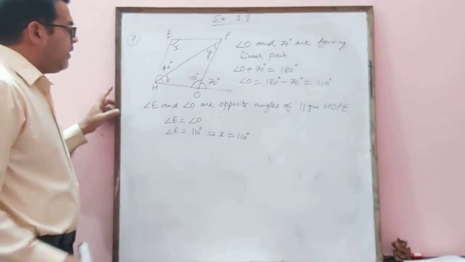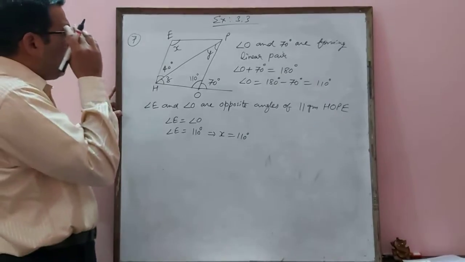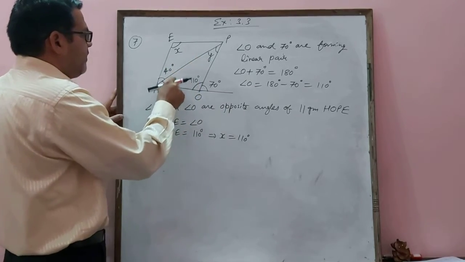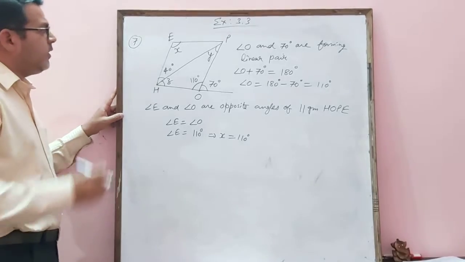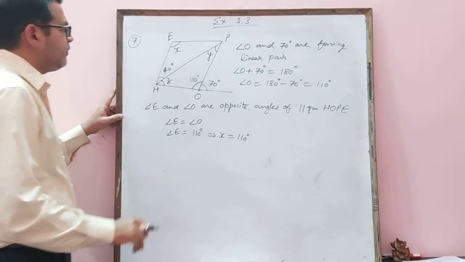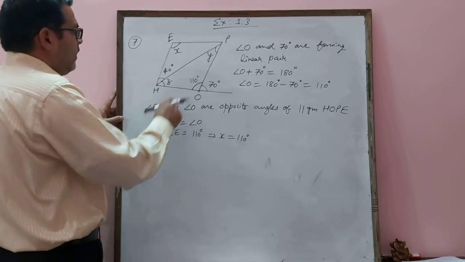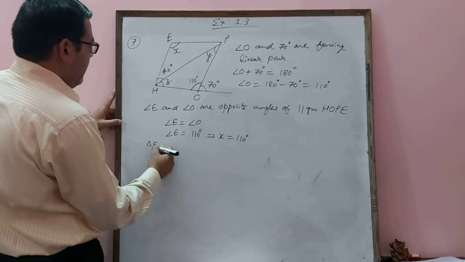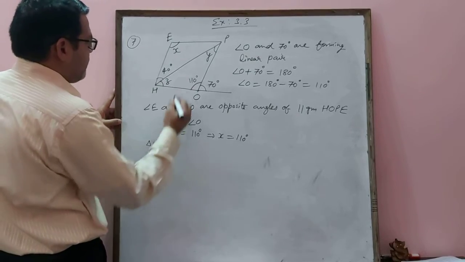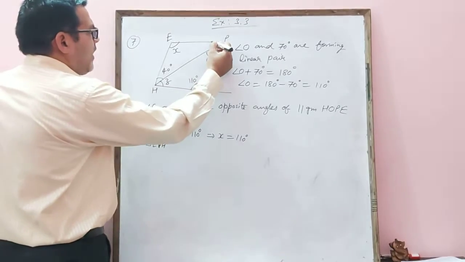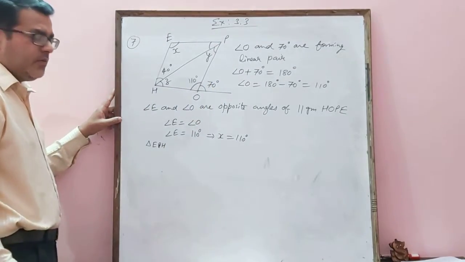It's very simple. Now we have to find value of Y and Z. Right? So see that in this triangle E, P and H, this upper side triangle, by angle sum property we can find value of this angle, right?